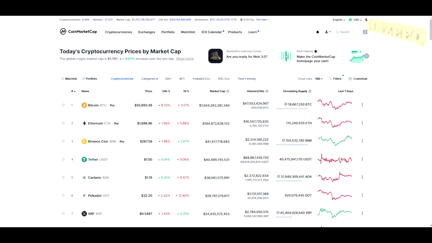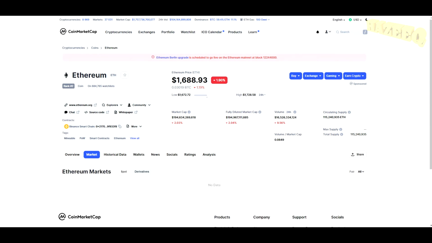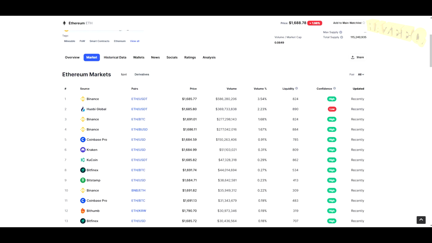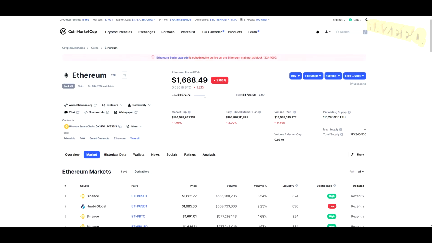If you go to, for example, Ethereum over here, you click on Ethereum, and it's going to load up. You can have the circulating supply over here, the max supply, total supply of coins. You can see the volume in the last day. You have the market cap over here. You have all the exchanges that the coin is on, and this is a very good website.